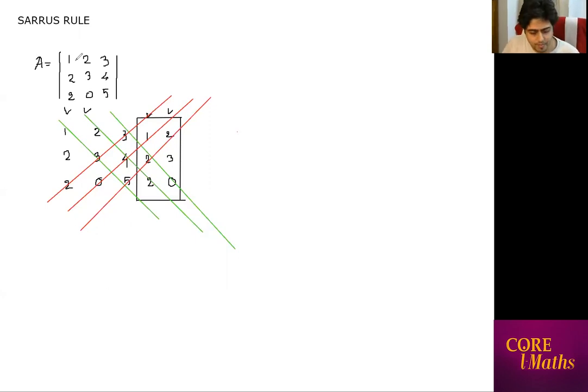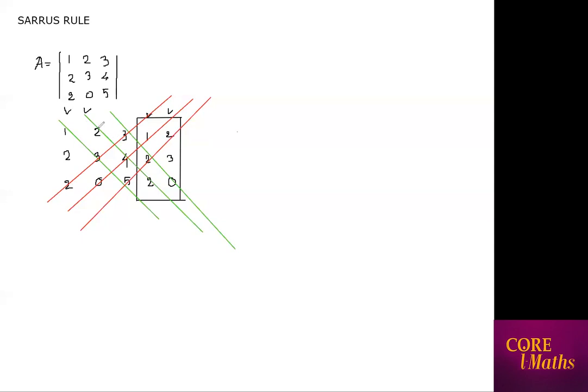So what is that? Here this is given. I have written all the elements first. This is A, the determinant is given: 1, 2, 3, 2, 3, 1, 2, 0, 5. Now I have written all the determinant elements first. Then again I have repeated the first and second columns parallelly, right?